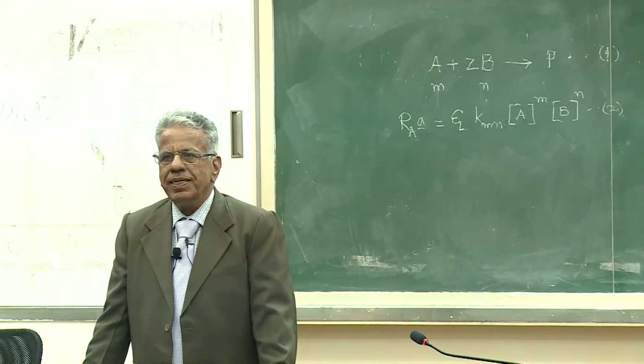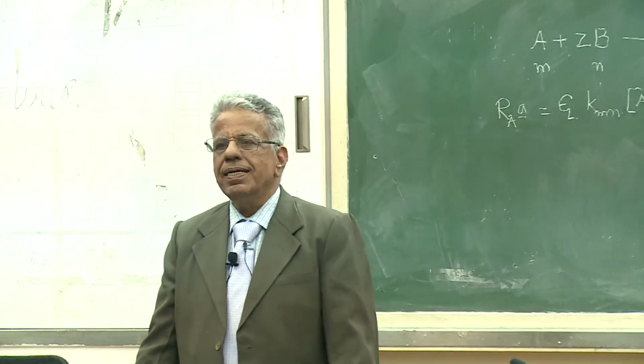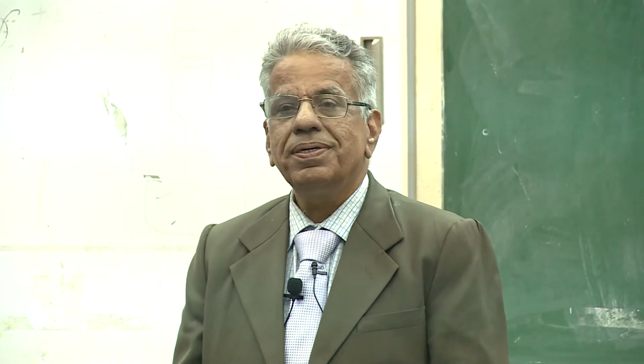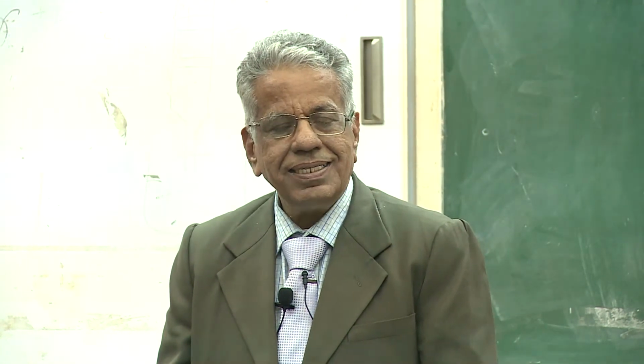What is assumed in film theory is the existence of a thin film on either side of the interface, point number 1. Point number 2, this film is very thin and has uniform thickness throughout.